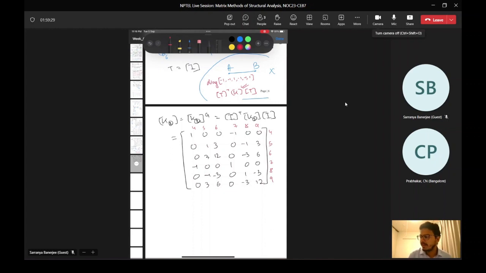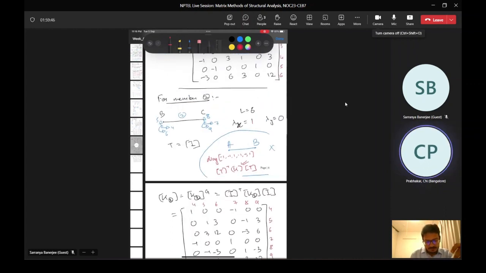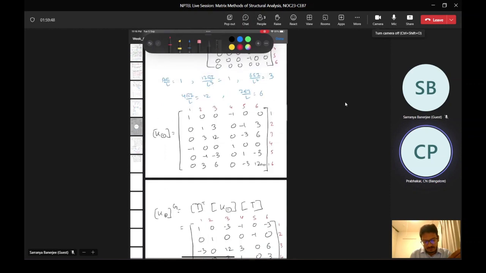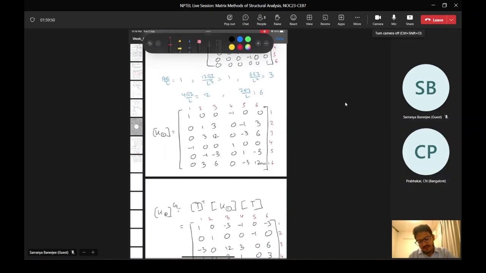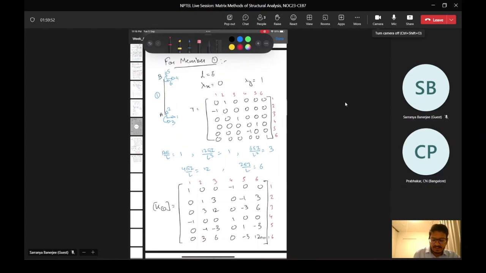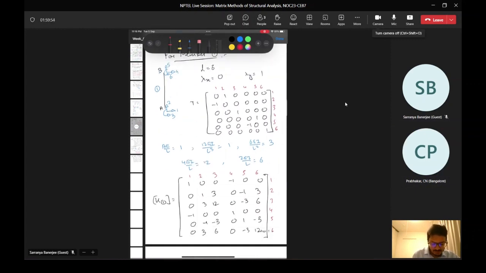Would you like to check once the stiffness matrix for member 2? Is it okay? I think that should be fine. The values are the same as this one, because the length is already the same, 6 meters.